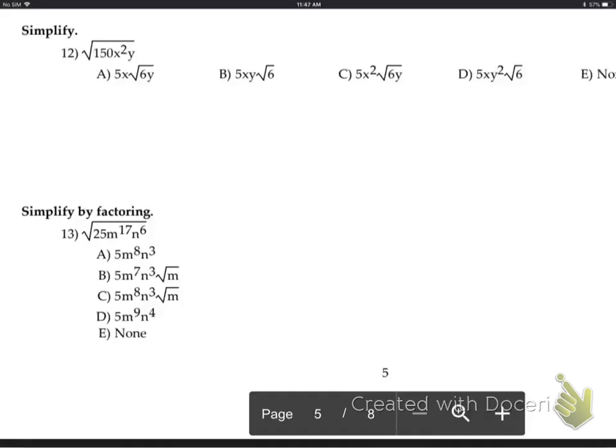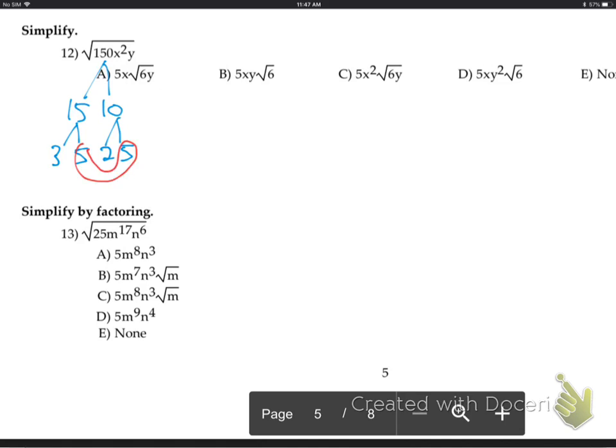All right, we better move on. So, square root of 150x squared y. What do we do? It's all about 2 for 1. Just break down that 150. 15 times 10, right? Things that end with a 0 are times 10, aren't they? 15 times 10. 3 times 5. 2 times 5. So what do we got?